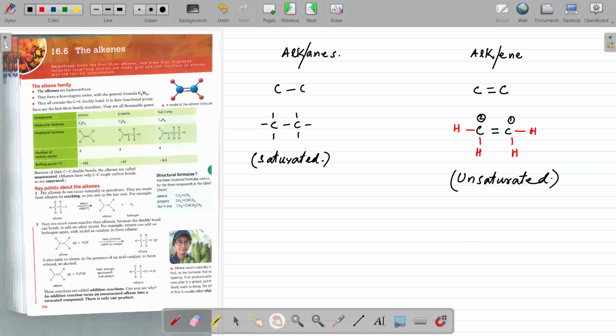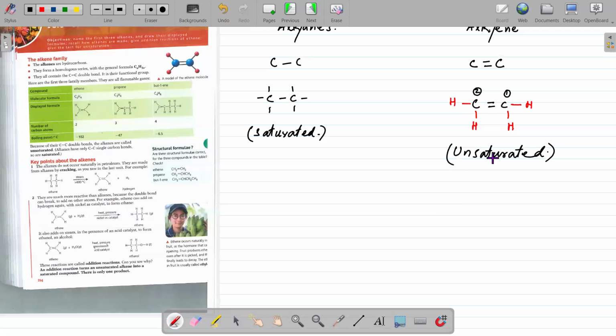For example, let's take another example. How can we draw them? Look at this. First, draw the chain of carbon atoms. Clear? And then you can place a double bond at any position. Here we can see one of the carbon single bonds is now a double bond, and the rest are hydrogen atoms. So how many hydrogen atoms? Here two, to make the four bonds of this carbon.